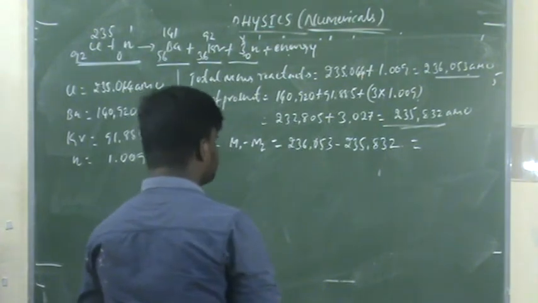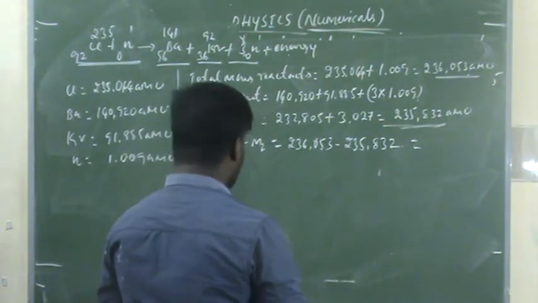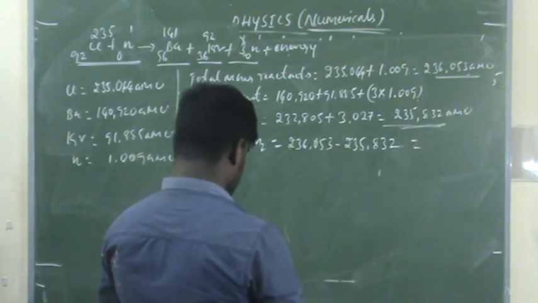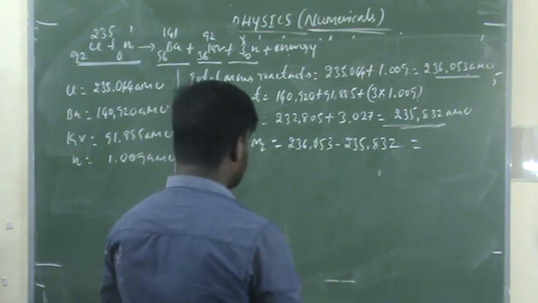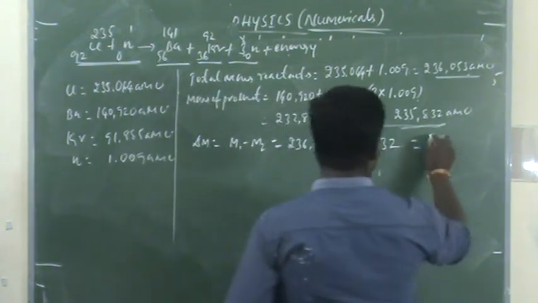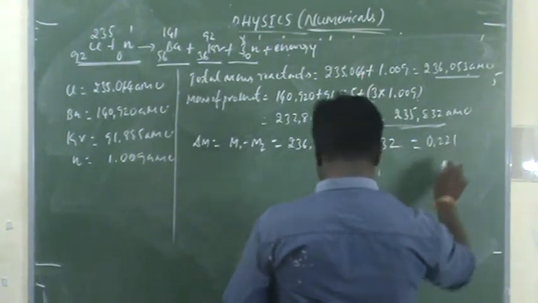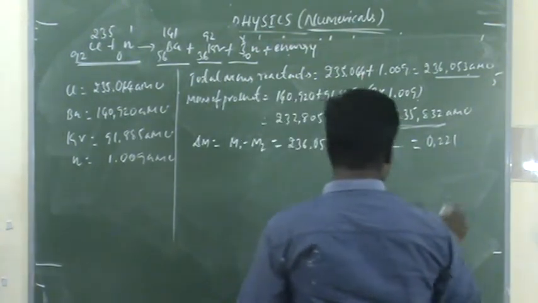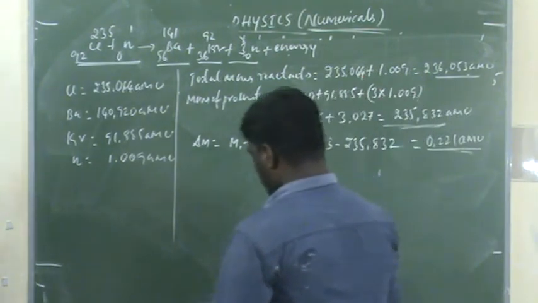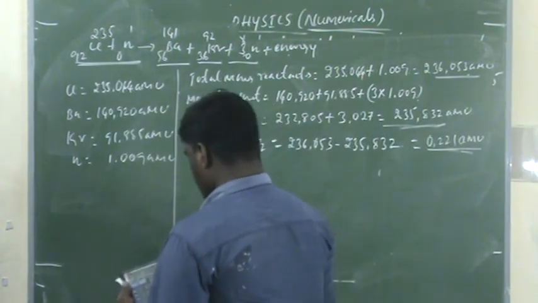So what is the mass defect? 236.053 minus 235.832 equals 0.221 atomic mass unit. This is the mass defect.